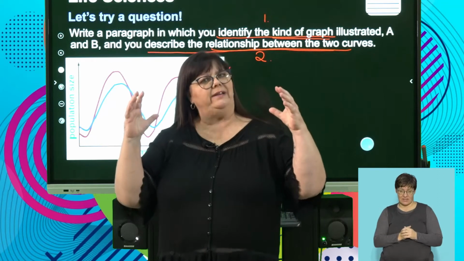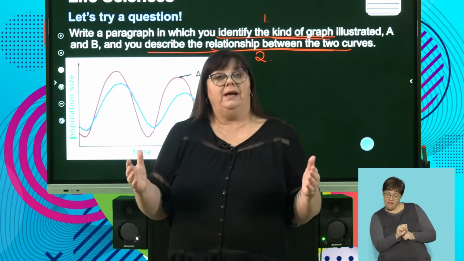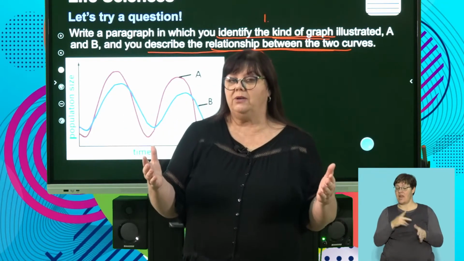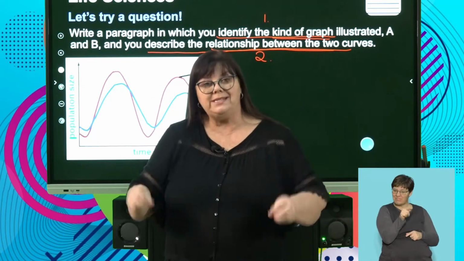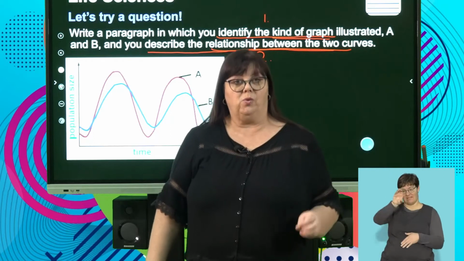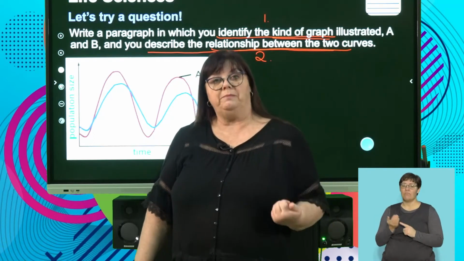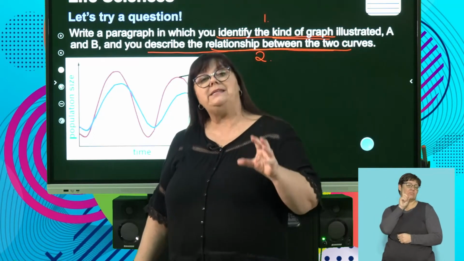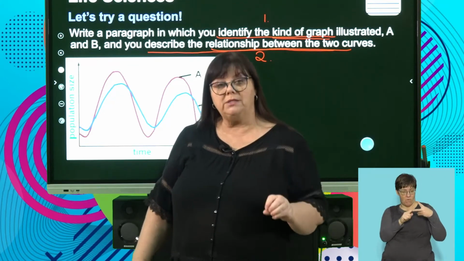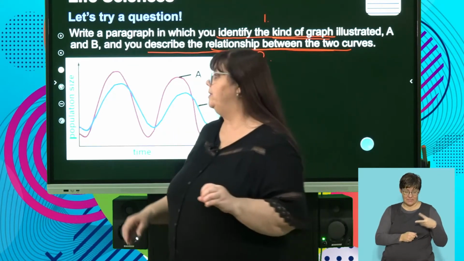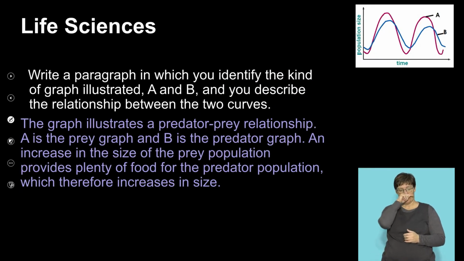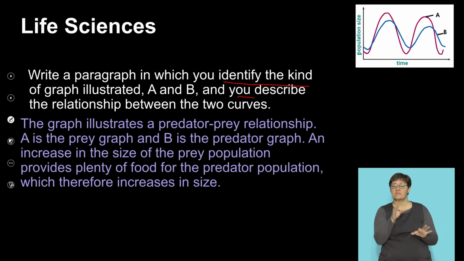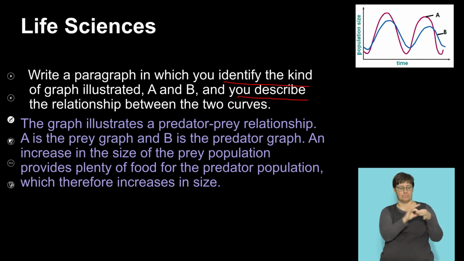We need to highlight to the examiner or your teacher who's marking your test that you know precisely what it is you're going to be talking about. So I'm going to show you my paragraph and let's see if we've answered both parts of the question in my paragraph. So, identifying the kind of graph and describing the relationship.